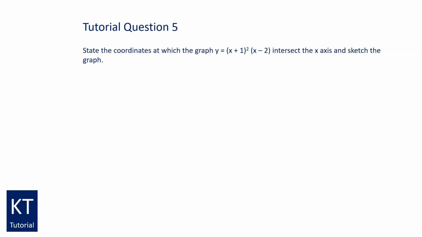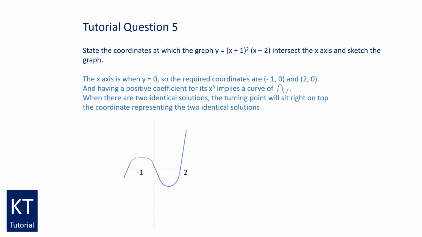Tutorial question 5. State the coordinates at which the graph of the given equation intersects the x-axis and sketch the graph. The x-axis is when y equals 0, so the required coordinates are minus 1, 0, and 2, 0.